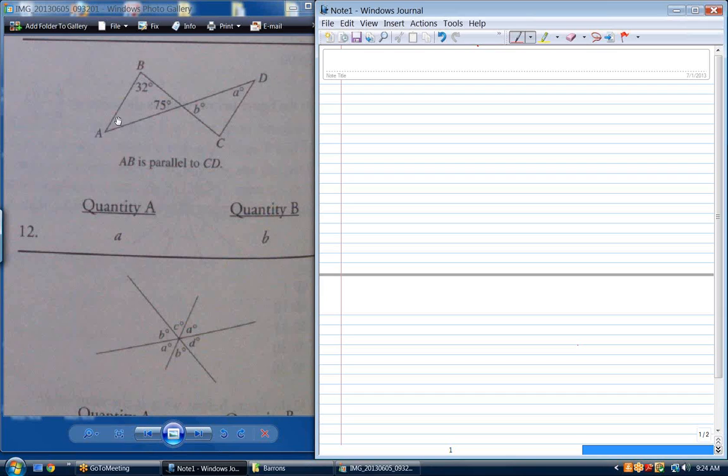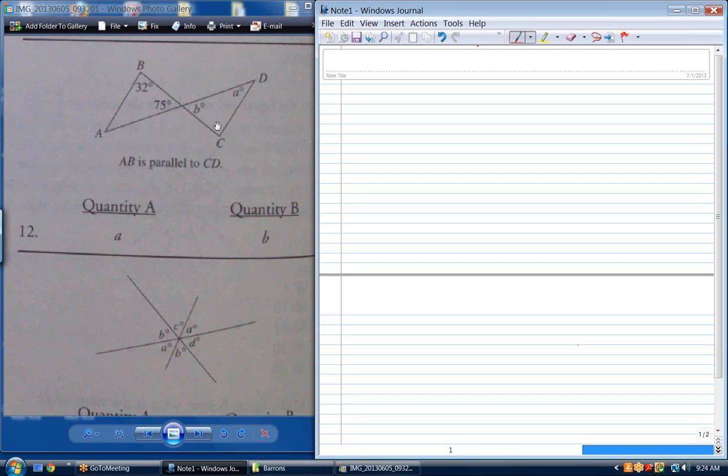What's this angle here? 73. Okay. So if this angle is 73, that line is parallel with this line. What angle over here is 73? A. Correct.